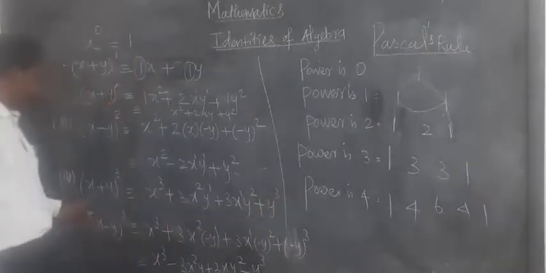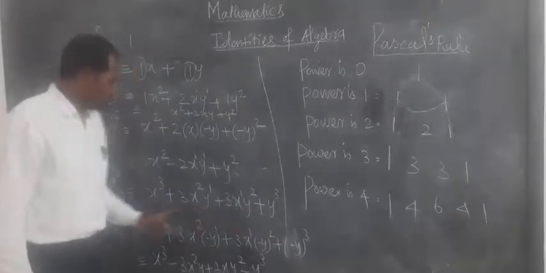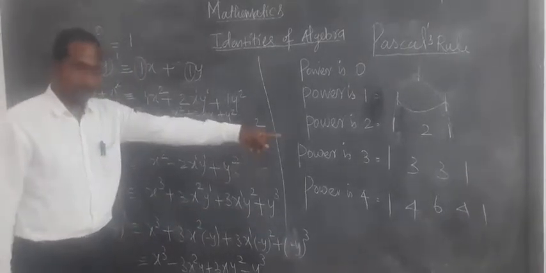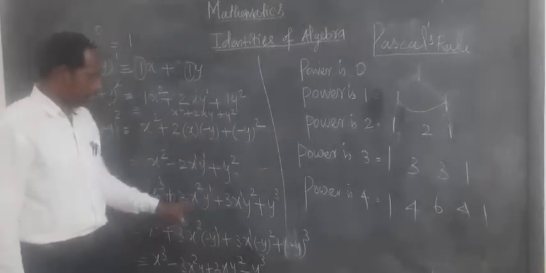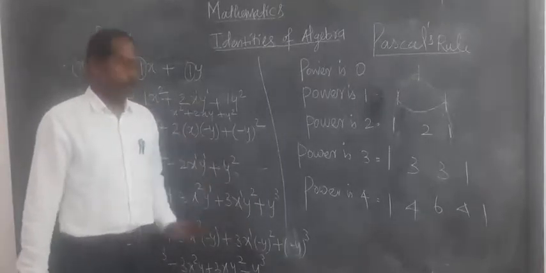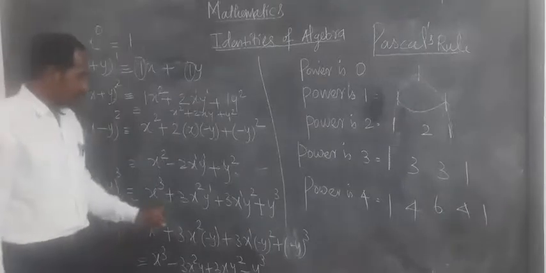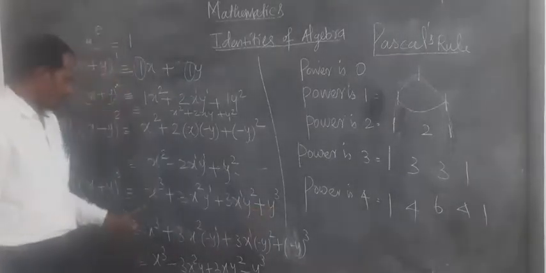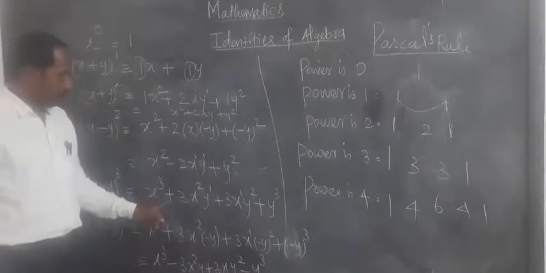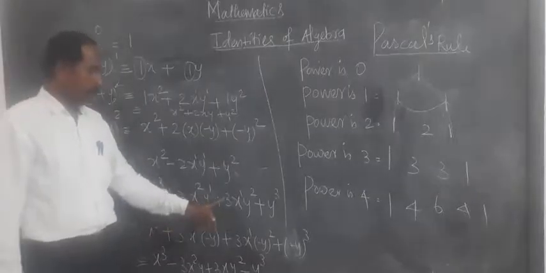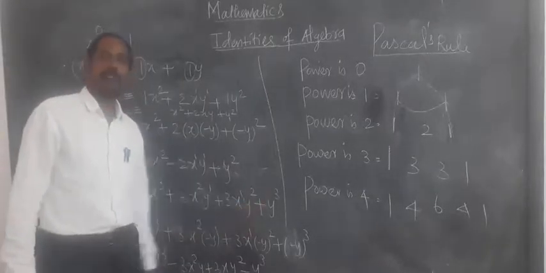The middle signs are positive. The Pascal rule gives 1, 3, 3, 1. If you write it, the middle is positive. So x power 3 plus 3x squared y plus 3x y squared plus y power 3.